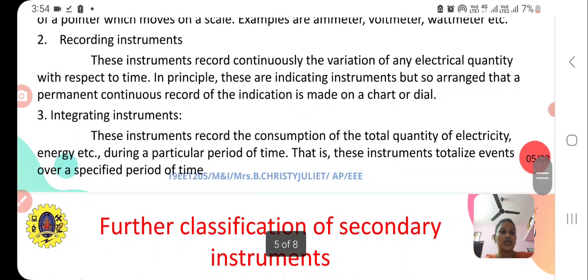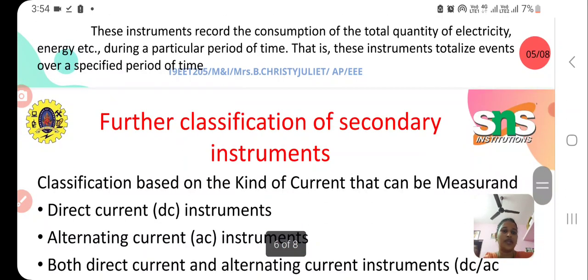So these instruments give a totalized value over a specified period of time.